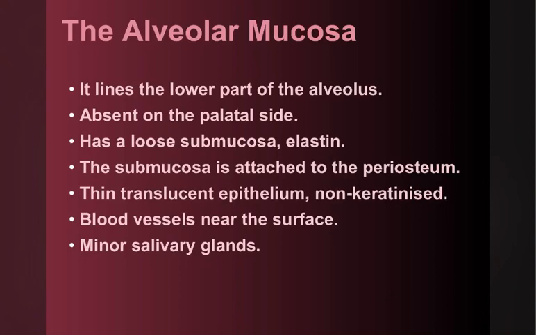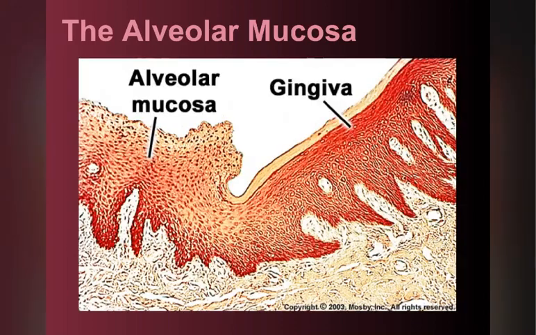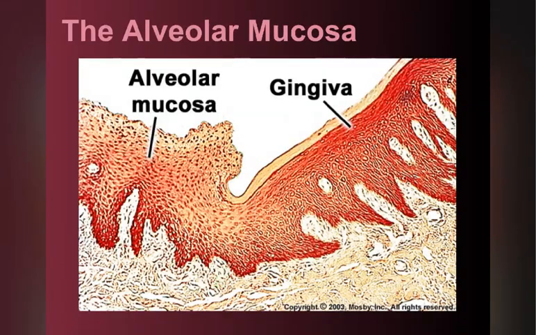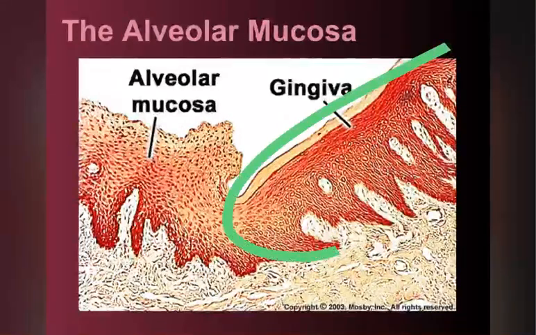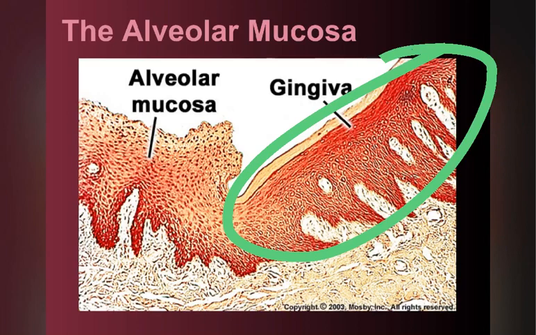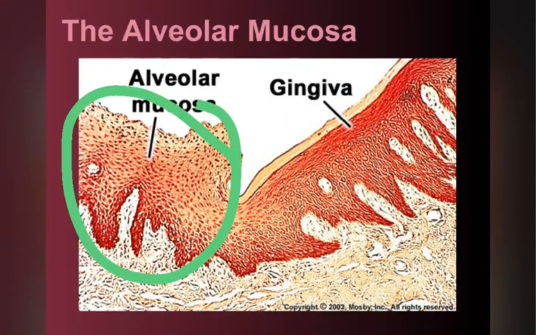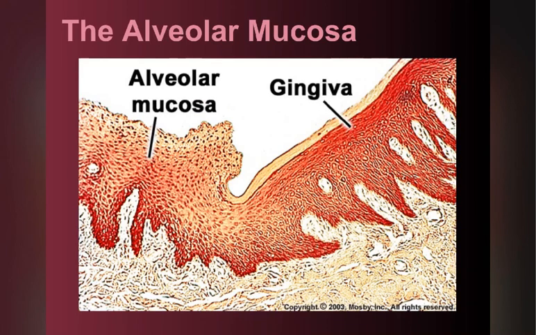The region of the alveolar mucosa has minor salivary glands in the submucosa. Here we see the mucogingival junction, which is the junction between the gingiva, which is keratinized, and the alveolar mucosa, which is non-keratinized.